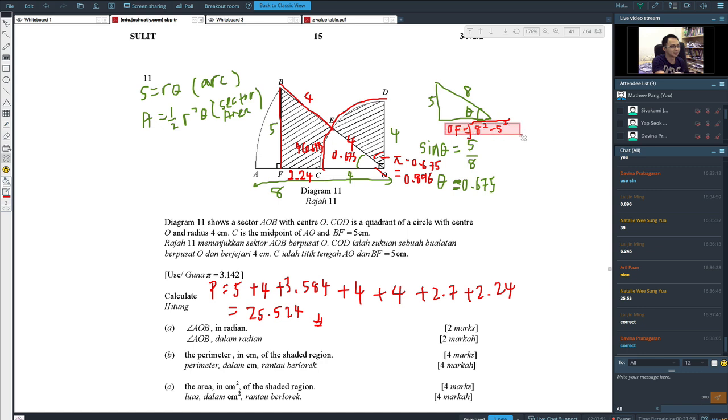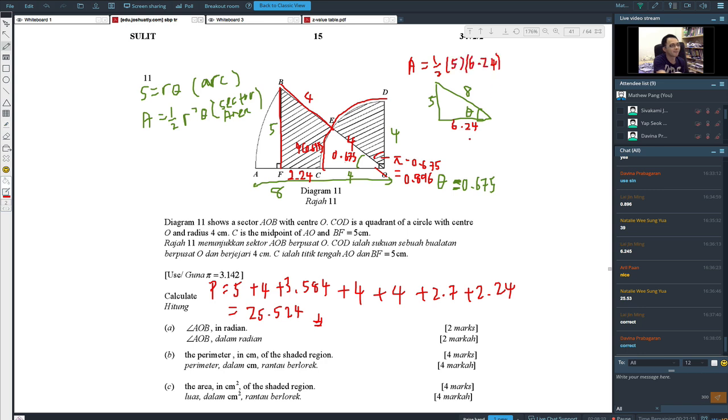What is this length? This length will be 6.24. I find the area of the triangle first, which equals half multiplied by 5 multiplied by 6.24. So it will be 6.24 multiplied by 5 and then divided by 2.